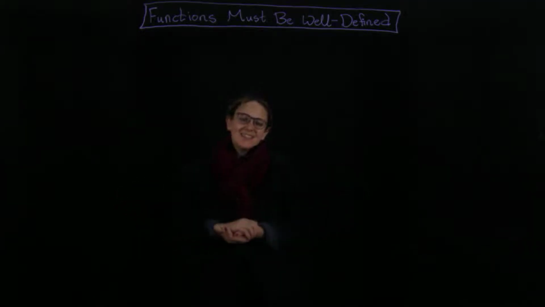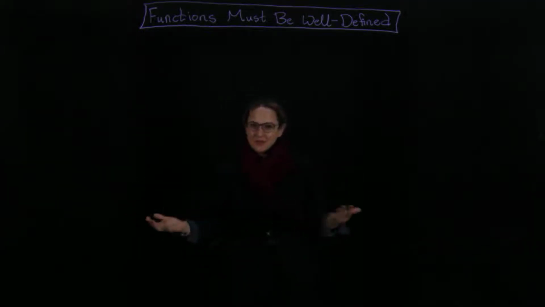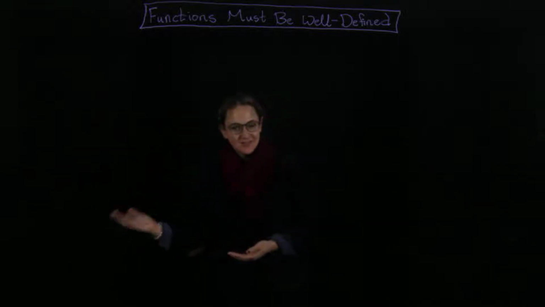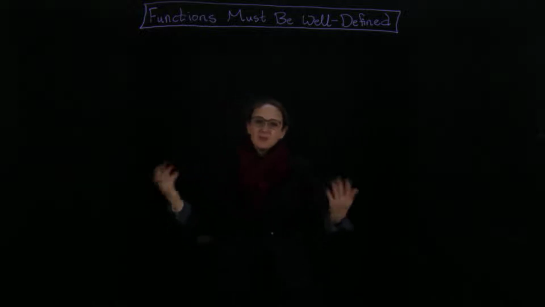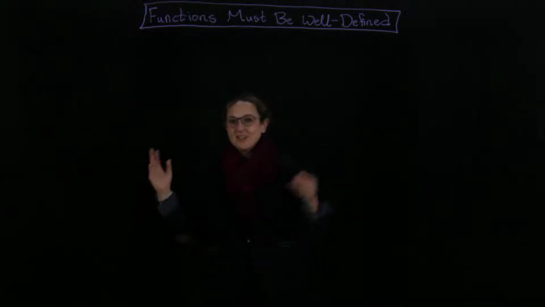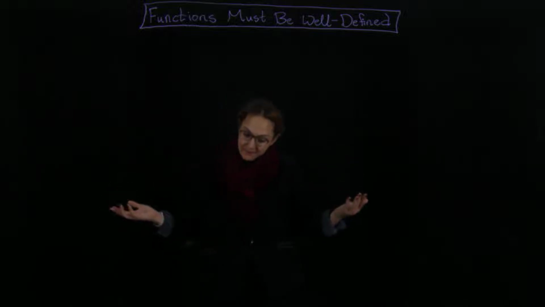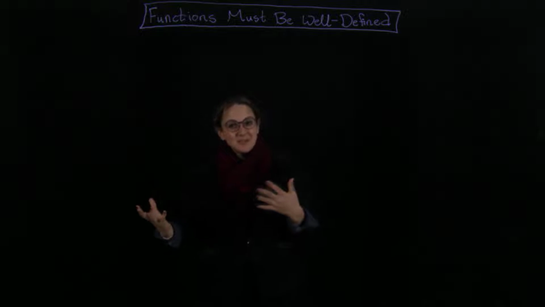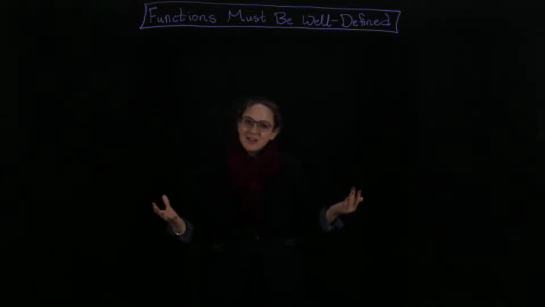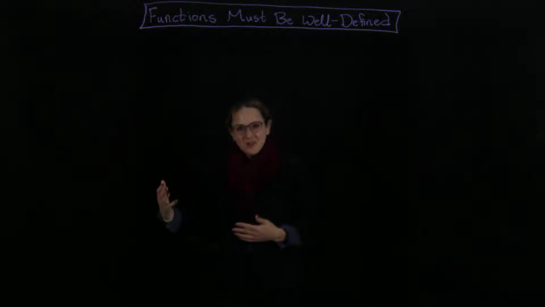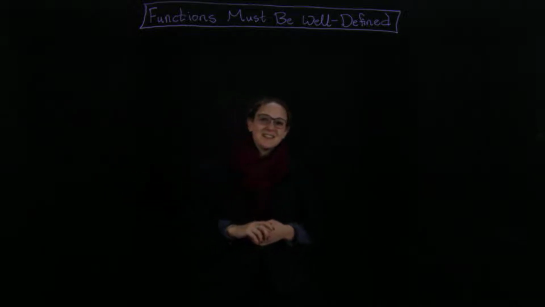Welcome. In this lecture, we're going to talk about what it means for a function to be well defined. In the language that we use, typically in more advanced mathematics, we don't call something a function unless it actually satisfies the definition, which means that it's well defined. This comes into play more when you're defining a function by a formula, and so you may not notice that you're failing one of these properties.